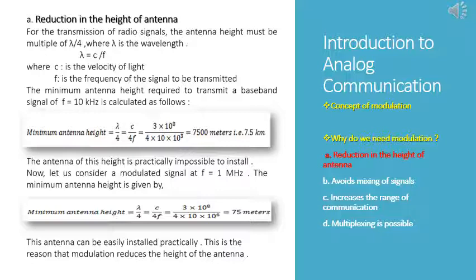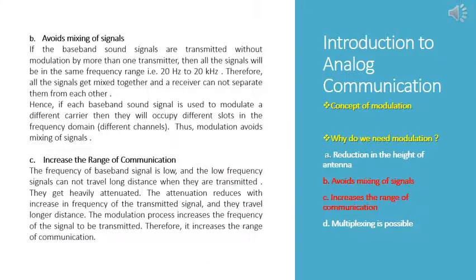Now we can see that the antenna size decreases drastically, and it is only 75 meters. So yes, this is practically possible. This is the reason why we need modulation: it is very helpful in reducing the height of the antenna.